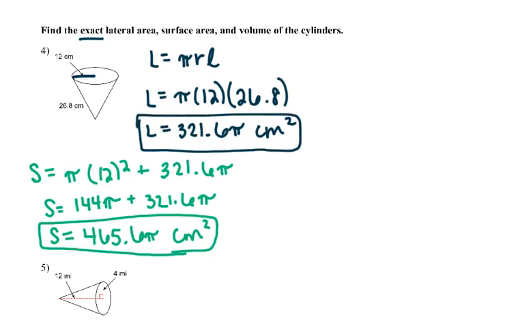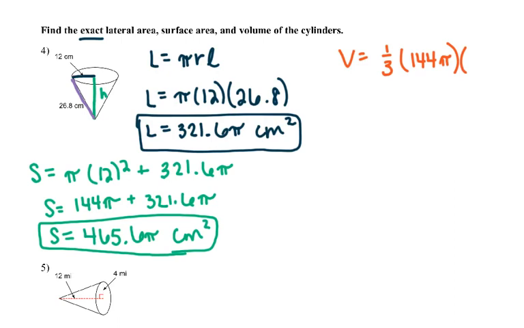So now we need to find the volume. The volume is 1/3 of the area of the base, which we figured out was 144 pi from the surface area, times the height of our solid. Now, here's where we have to do some work again. We have the radius. We do not have the height. The height is missing, right? But we do have the slant height. If you can imagine, the height goes down to the middle of the cone.